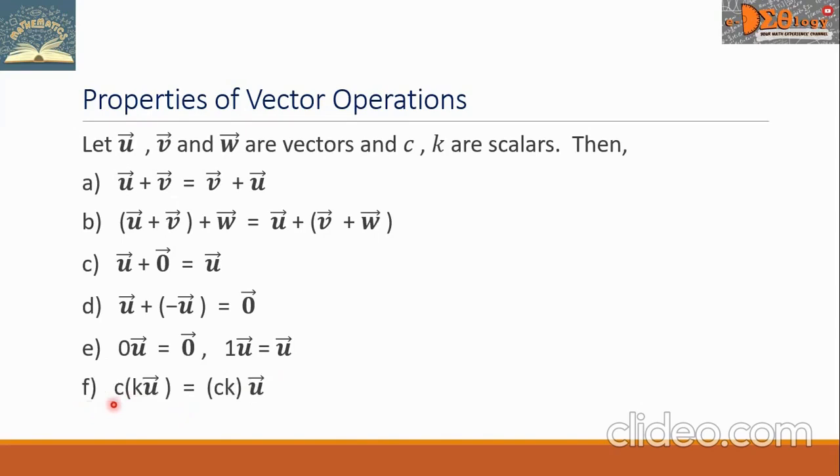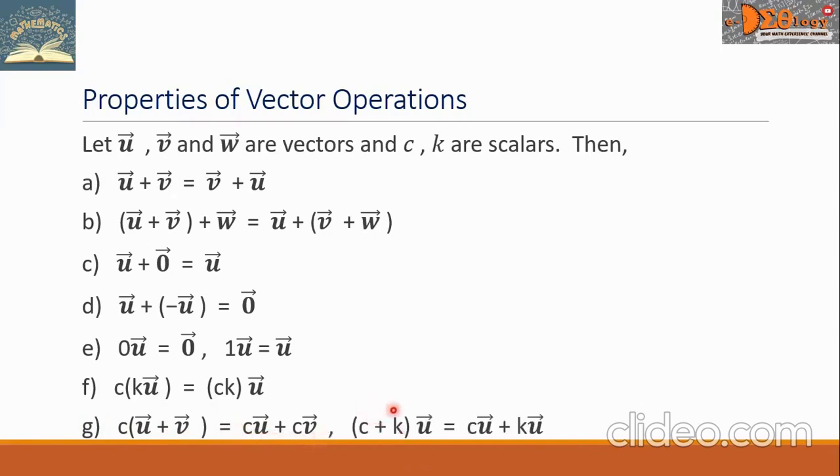Property F. The scalar c multiplied by the product of scalar k by vector u is equal to the product c times k to be multiplied by vector u. Property G. Scalar c multiplied by vector u plus vector v is equal to c times vector u plus c times vector v.